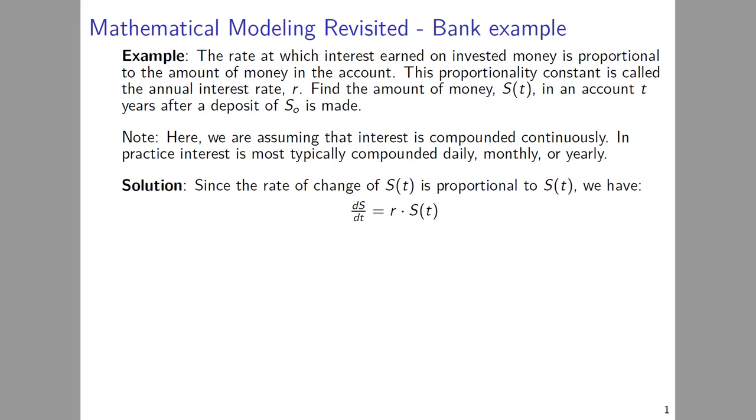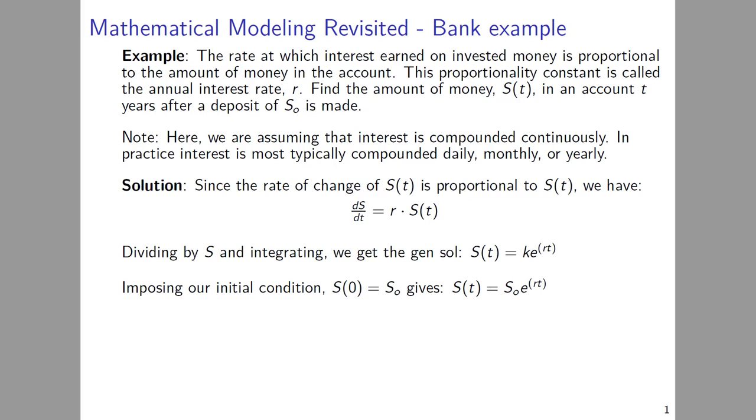Now, since the rate of change of S of t is proportional to S of t itself, we have that dS/dt is equal to R times S of t. That is, the rate at which the amount of money is growing is the interest rate times the amount of money in there, S of t. We can solve this differential equation by dividing by S and integrating to get that S of t is some constant k times e to the rt.